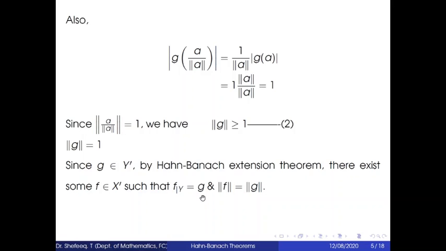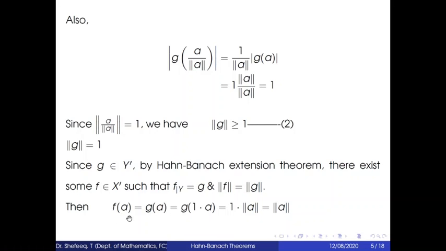We have defined what g is. So this means f of a equals g of a, since a belongs to y. This is equal to g of 1 into a, that means 1 into norm a, which is equal to norm a.